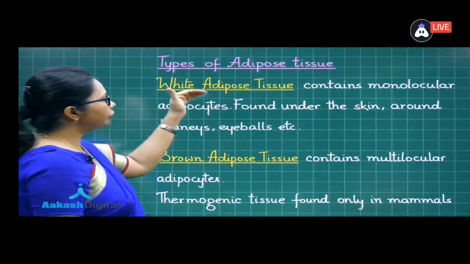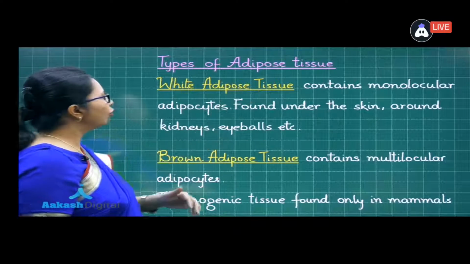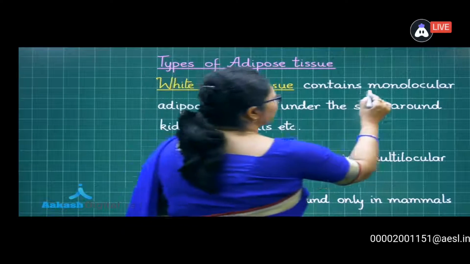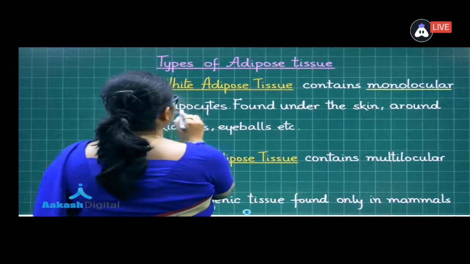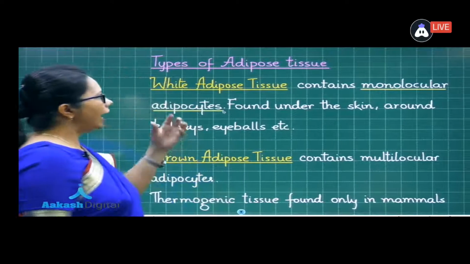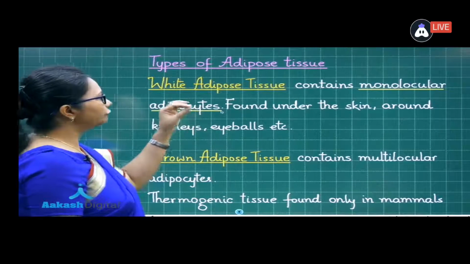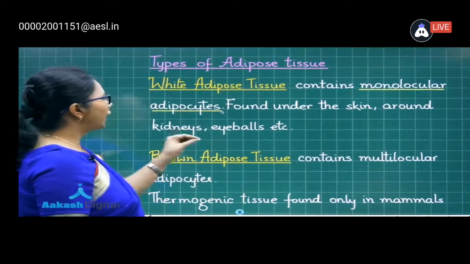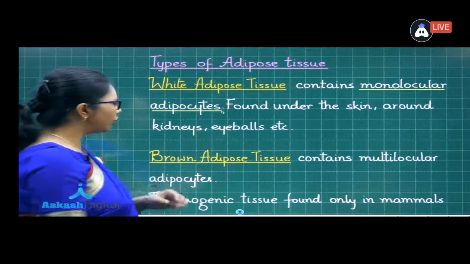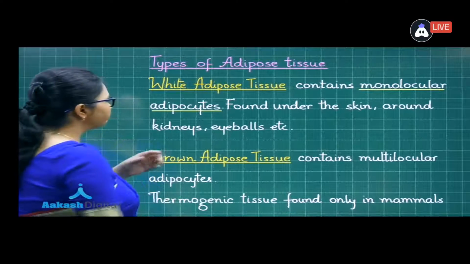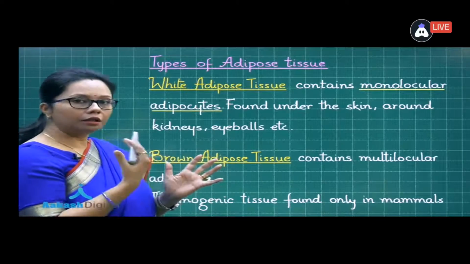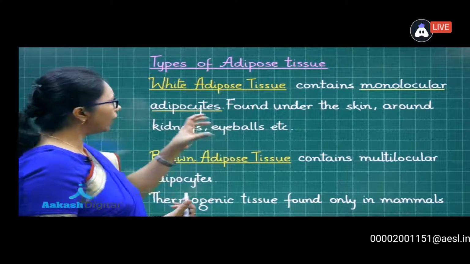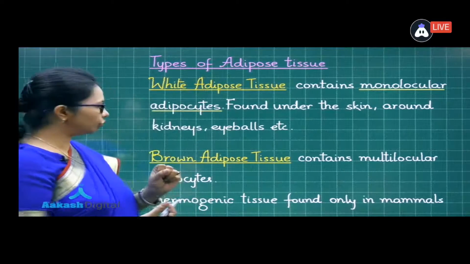The white adipose tissue contains monolocular adipocytes, and it is found under the skin, around the kidneys and eyeballs, and even the blubber of the whale and the hump of the camel have this white adipose tissue.